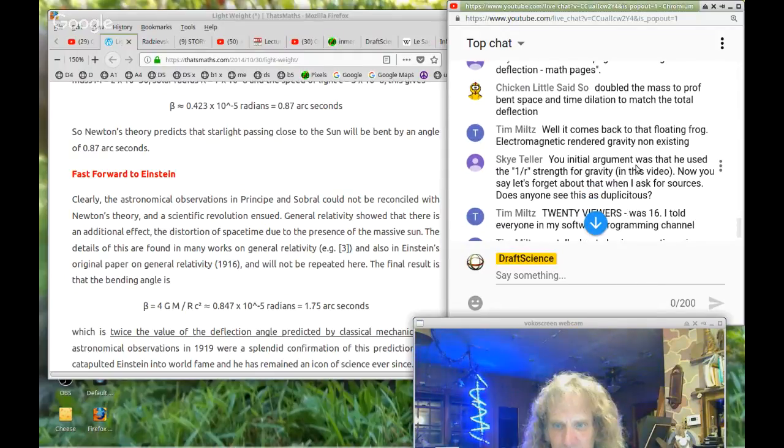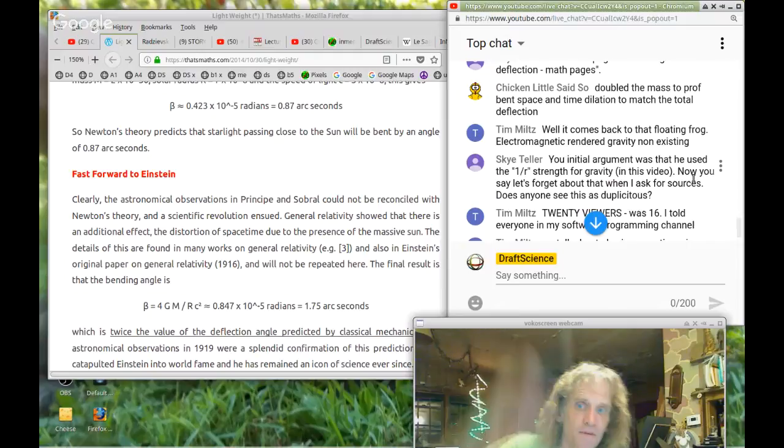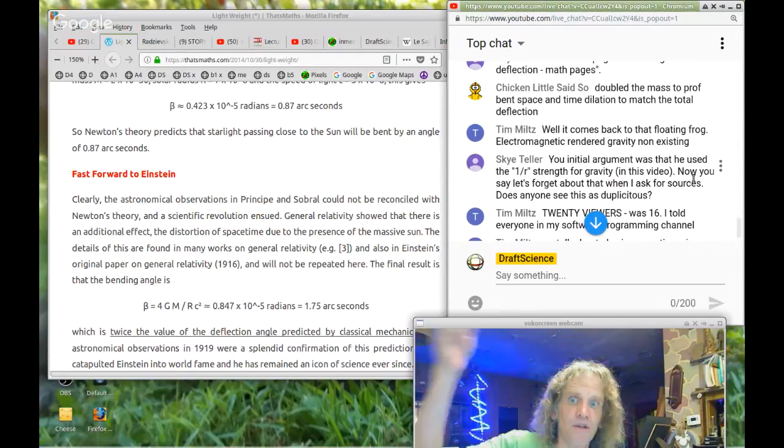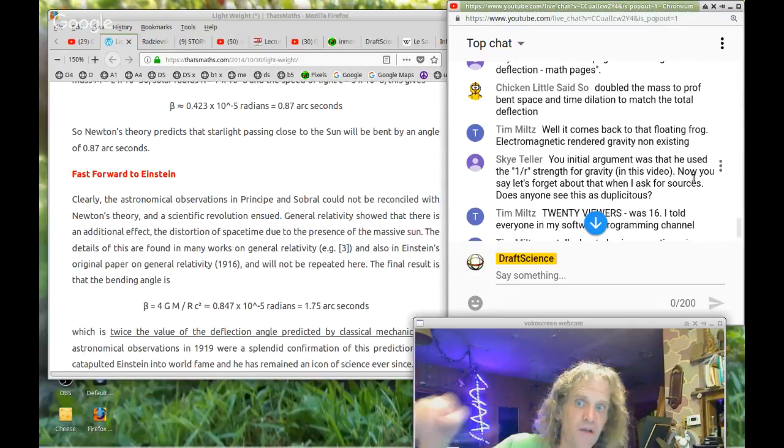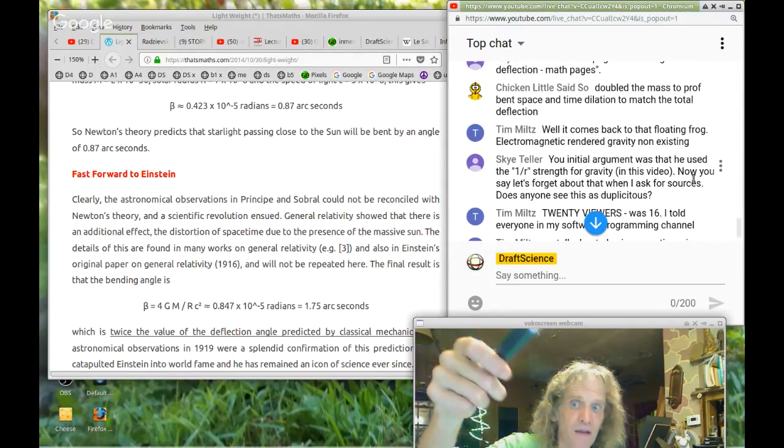Your initial argument was that he used the 1 over r. Okay, you're done here. Strength for gravity in this video. I've said over and over again, exactly the same effect. If you derive the orbital equation from the force equation to get a 4, you remove the r squared and just have an r.